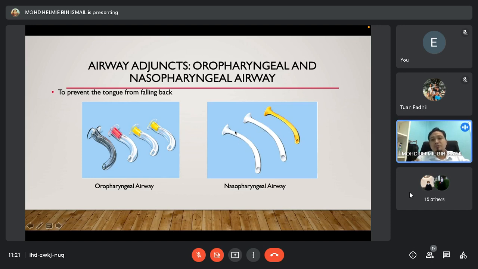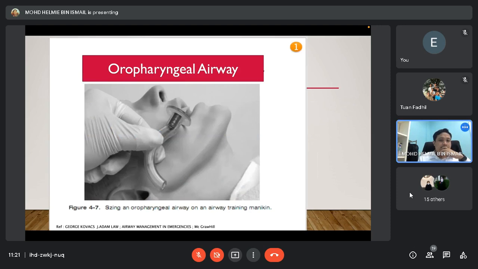You just use the patient's little finger, or the actual size of the nostril. Alright? Okay. Alright, this one is sizing.